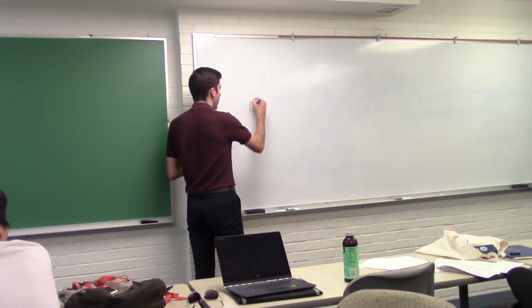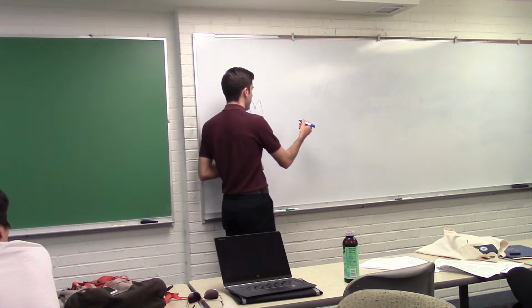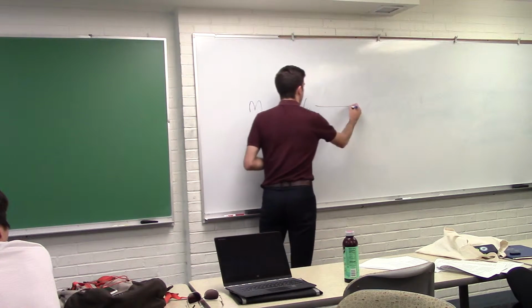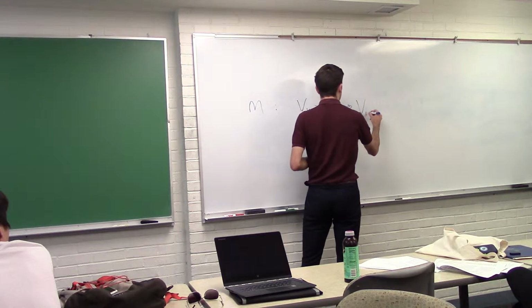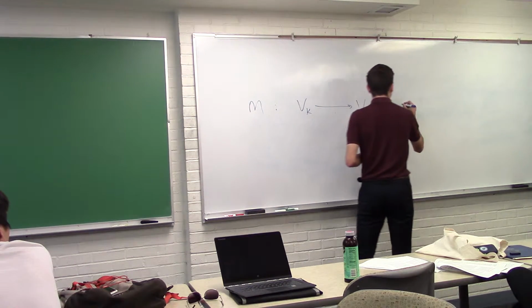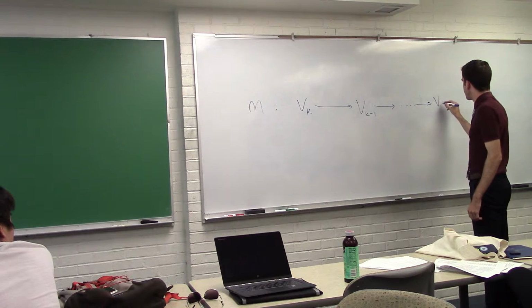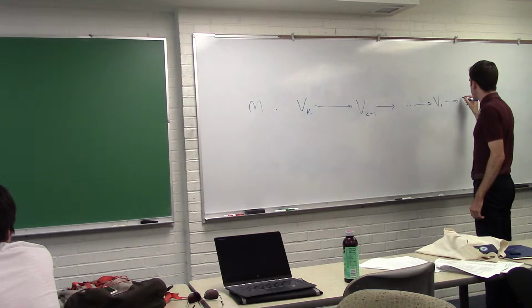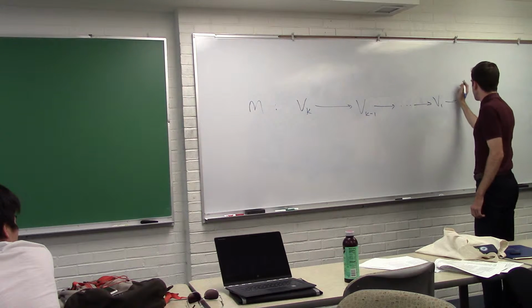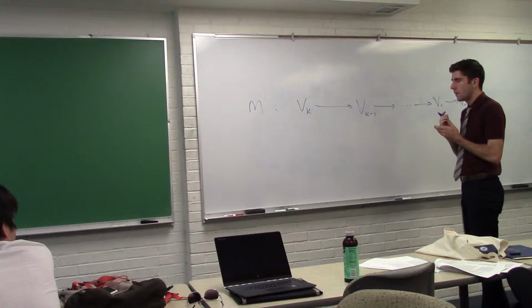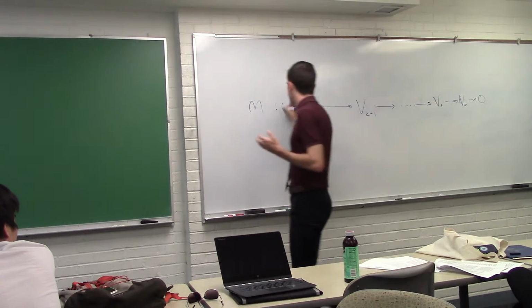So if we have a quiver going along some chain, I think it has to start with 0.